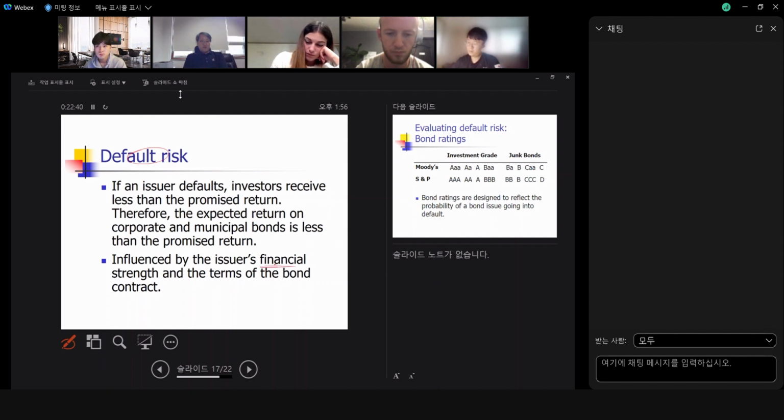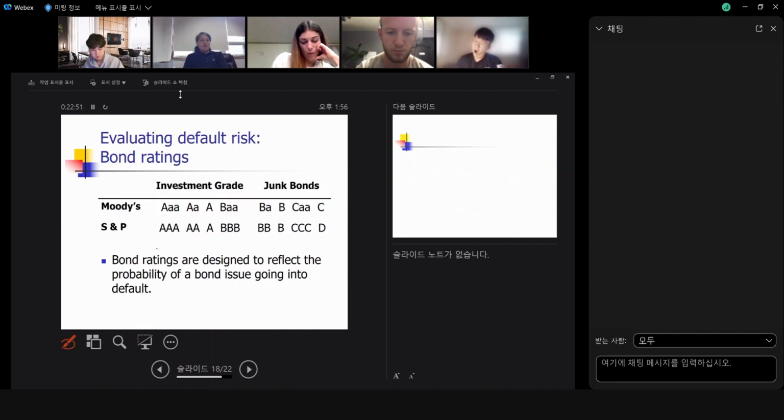So the credit rating is a reflection of the financial strength of the company. The credit rating agency, CRA, the most popular ones are Moody's, S&P, and Fitch.